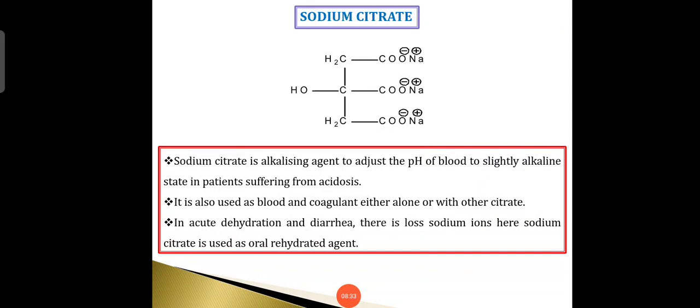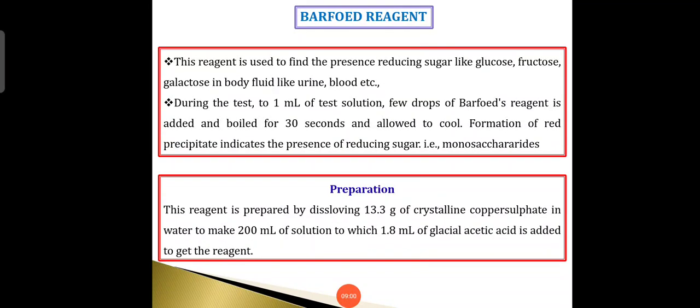It is also used as a blood anticoagulant either alone or with other citrate. In acute dehydration and diarrhea, there is loss of sodium ions. Here sodium citrate is used as an oral rehydrating agent. So this is all about the parapharmaceutical reagent sodium citrate.